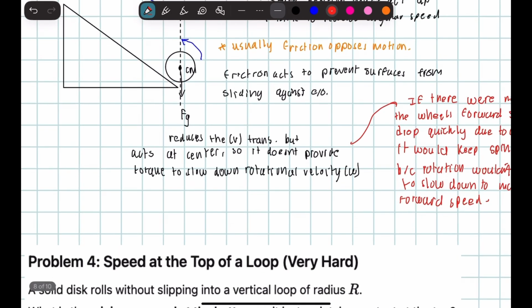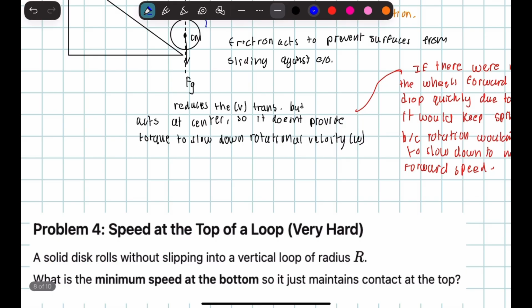Because we have friction though, to maintain the rolling without slipping condition, which is v equal to r times omega, the angular speed, omega must decrease at the same rate as the translational speed.